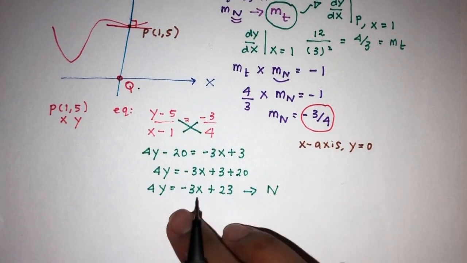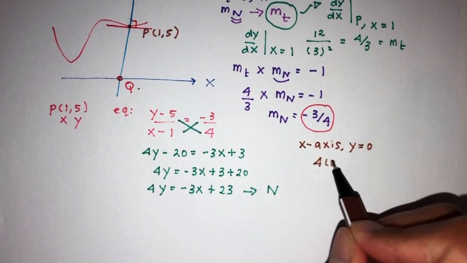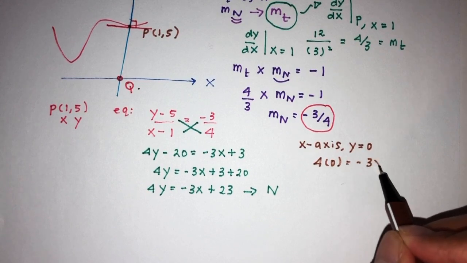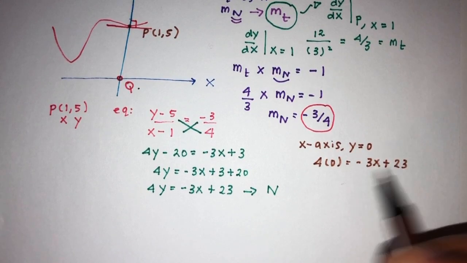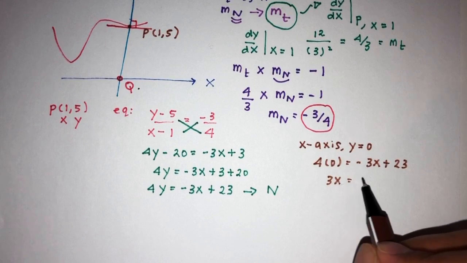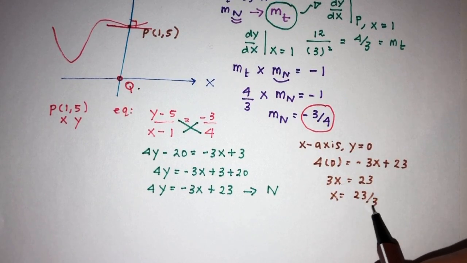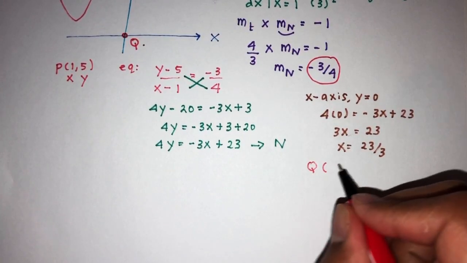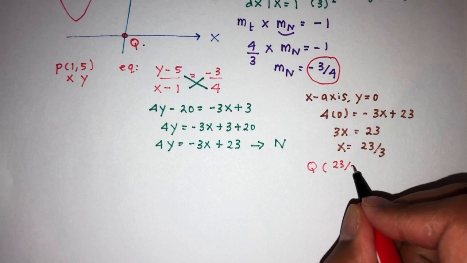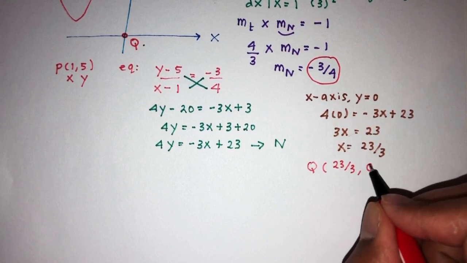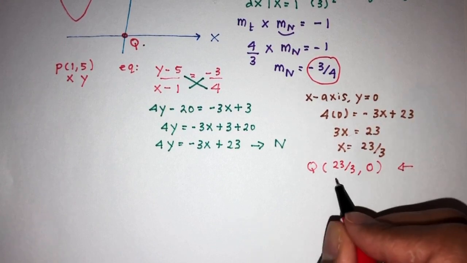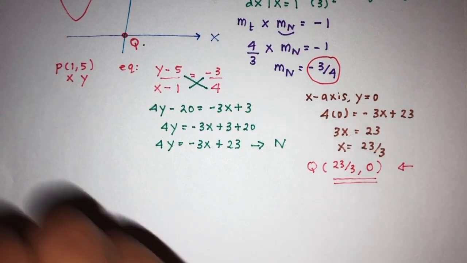Replace that back in the main equation. So 4 times 0 is equal to minus 3x plus 23. So 3x is equal to 23. x will be 23 over 3. So the point Q will finally be what? The x value is 23 over 3, and y will be the value of 0. This will be the point Q as required.